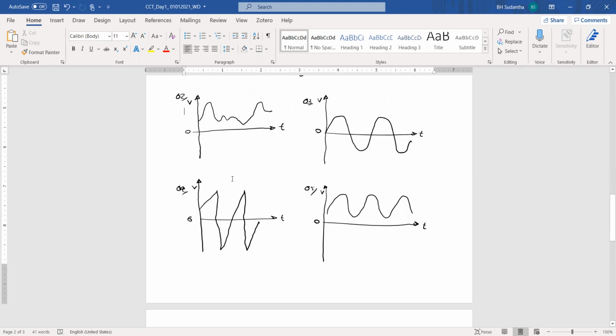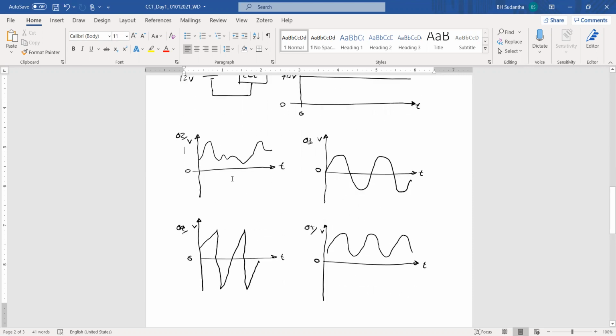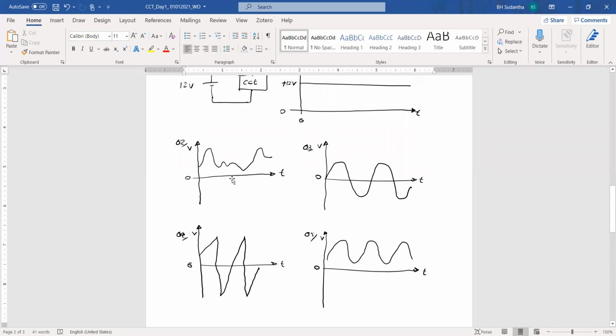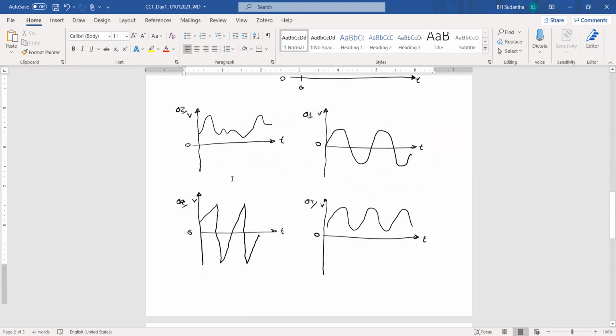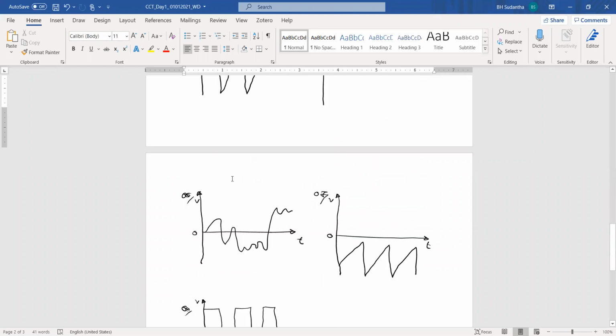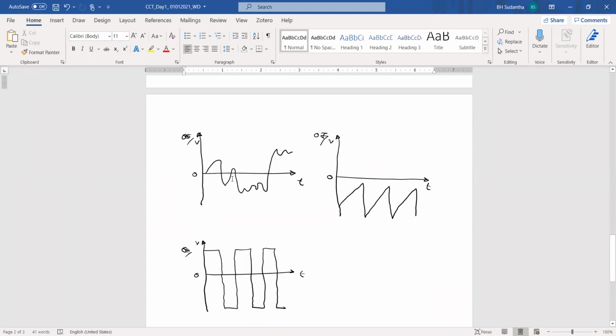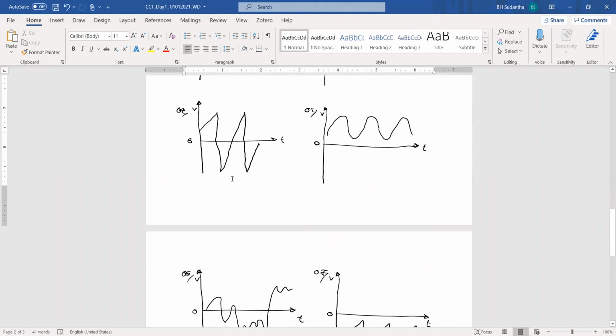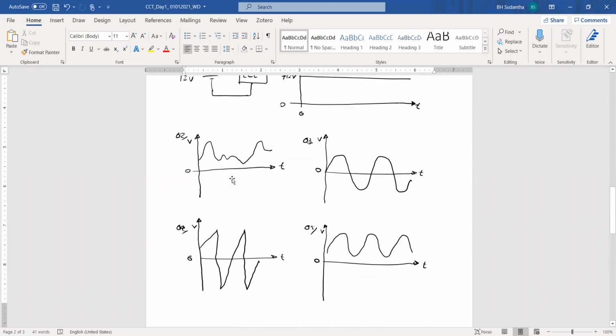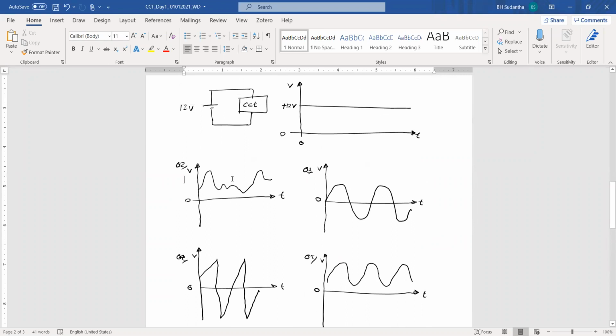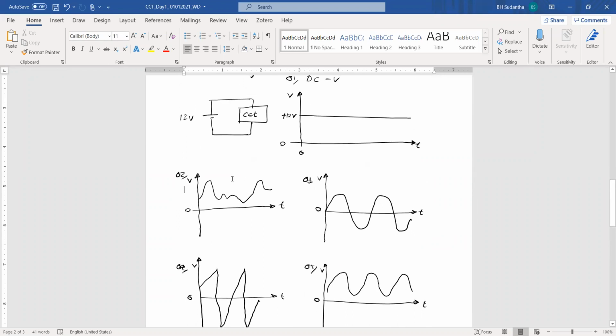Okay. Can you write down which waveforms are AC, which waveforms are DC? 2, 3, these are 4, 5, and 6, 7, 8. Which are AC, which are DC? Can you focus on this one? 1 to 5. First one is DC. I have mentioned it.